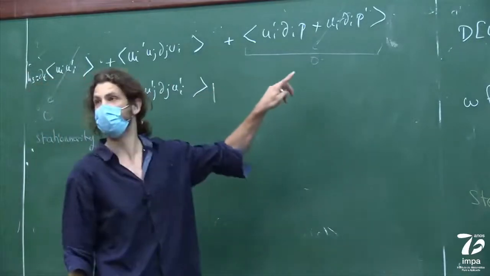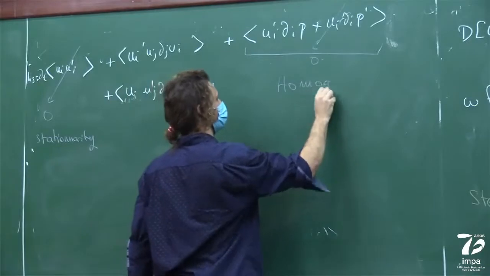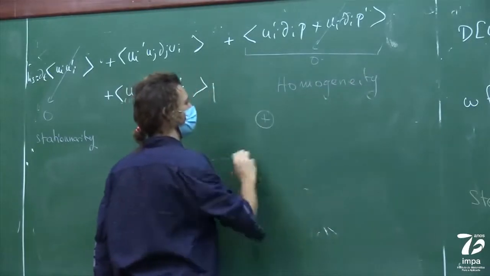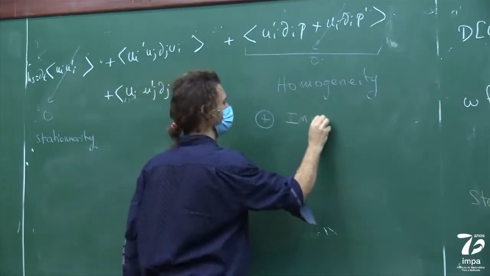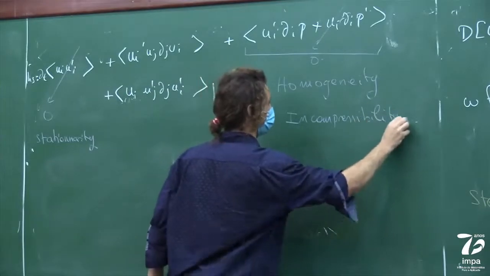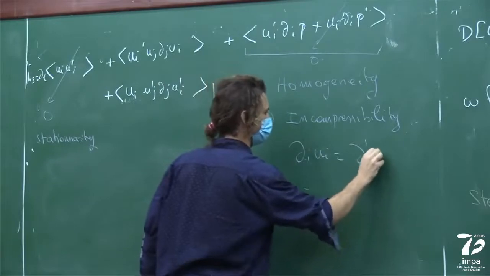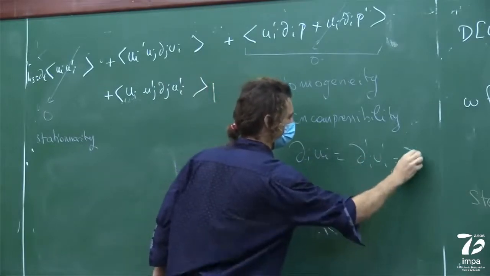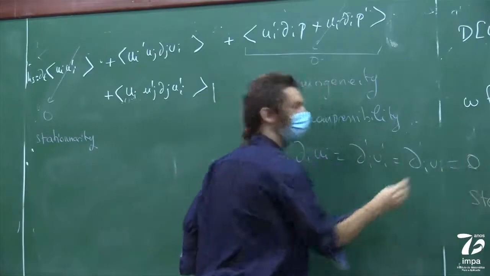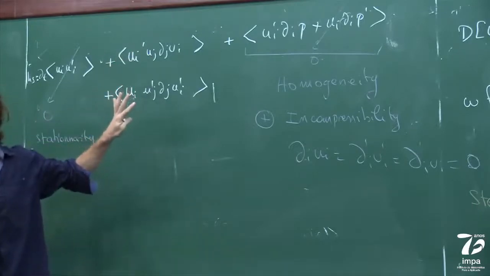Essentially because of homogeneity plus the incompressibility condition, which is di ui equals 0. Okay? So we are left with this term here.